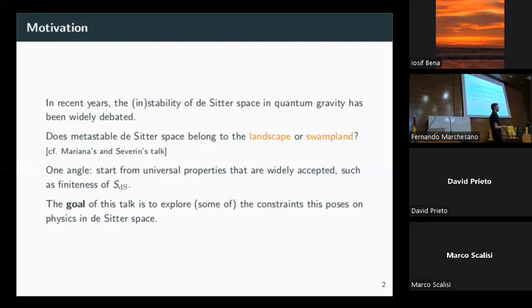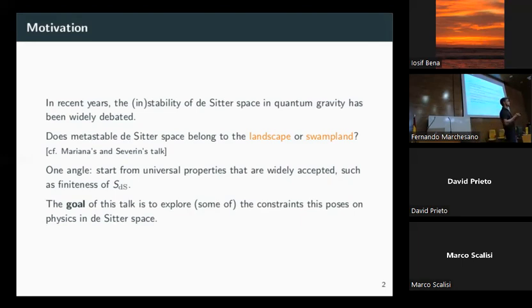What I would like to do is take a slightly different angle and start from something that most people would agree upon, and see if that poses any constraints on physics in de Sitter space. The angle I would like to take is to start from a universal property of de Sitter space that I think is widely accepted: the de Sitter horizon carries a gravitational entropy proportional to its area, and somehow this should tell us something about the microstates of de Sitter space.